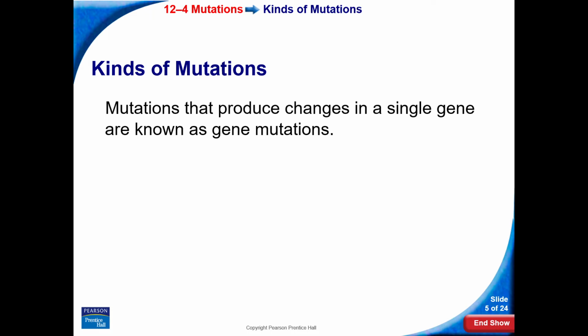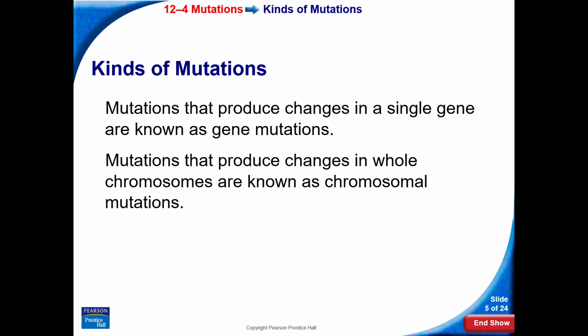So mutations that occur produce changes, obviously, in what is ultimately produced, the kind of protein that is produced. Whenever this happens in a single gene, these are known as gene mutations. Whenever this happens in a large amount, in other words, we have large chunks of the chromosome being changed, we call those chromosomal mutations.